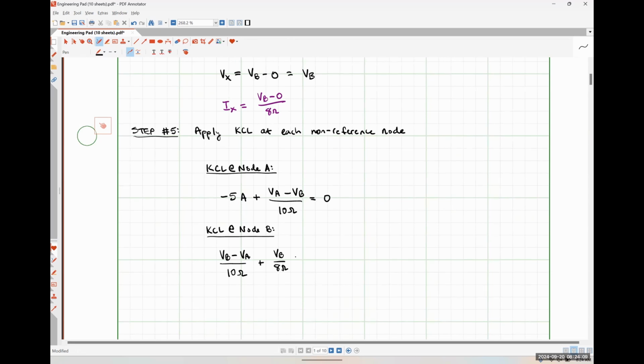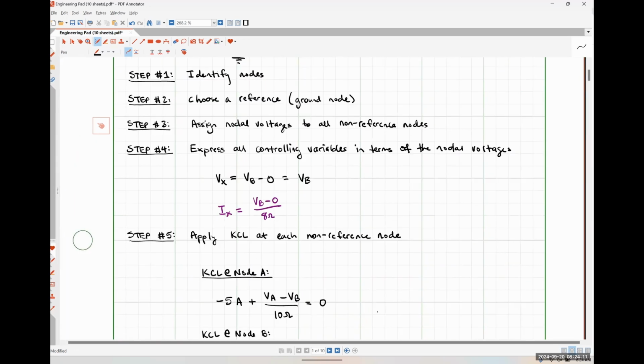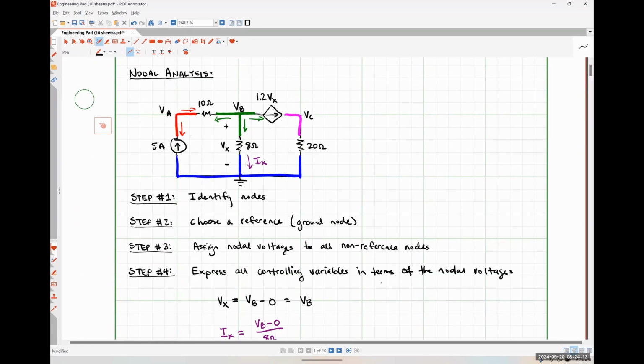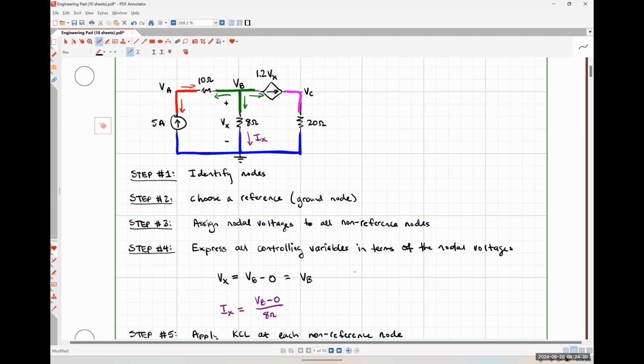Somebody that isn't Ashton, because she seems to be getting this, tell me how we would do the current flowing to the right through the dependent current source. It would not. It is a little different. So it's a current source. So how did we handle the current source in our first KCL equation?